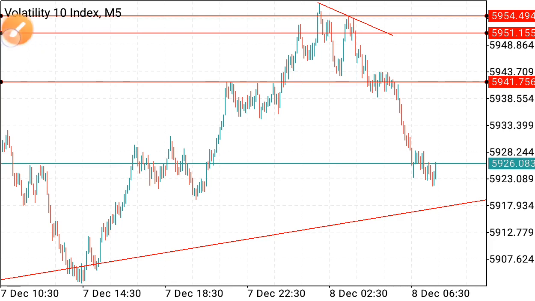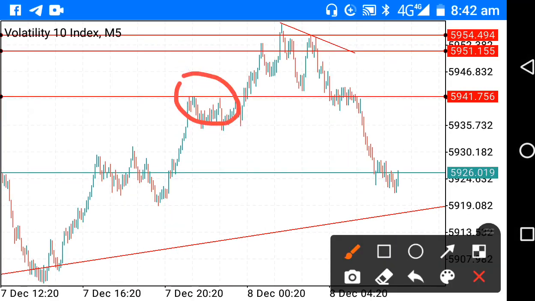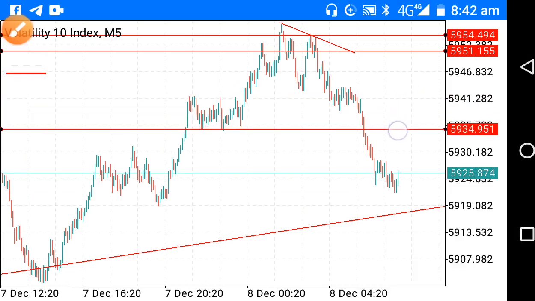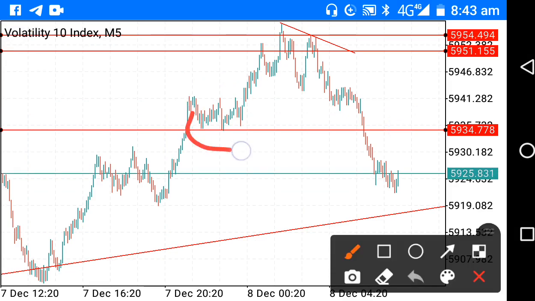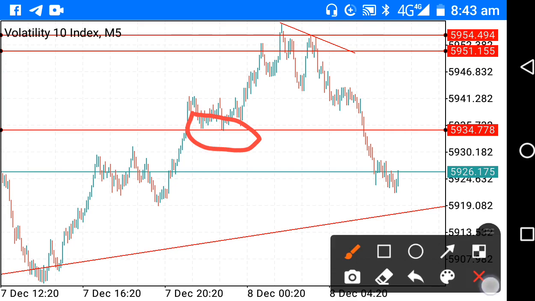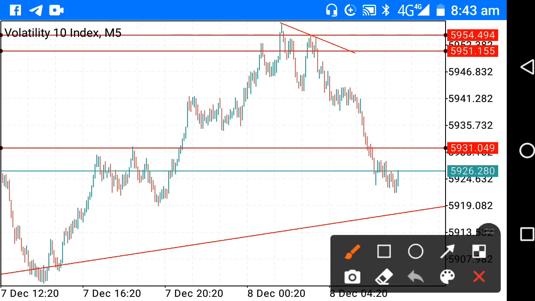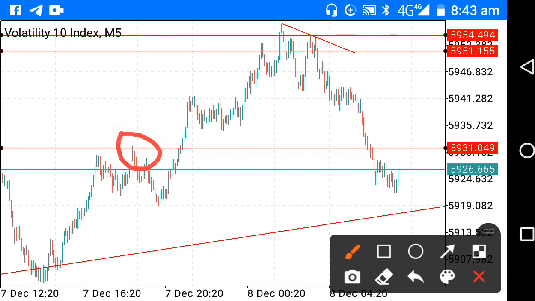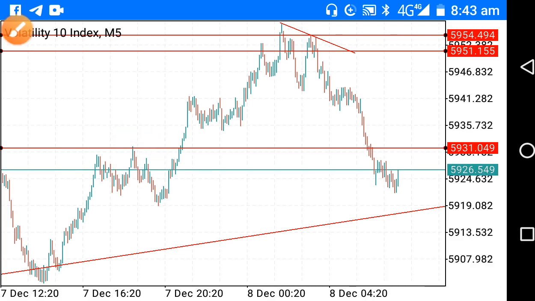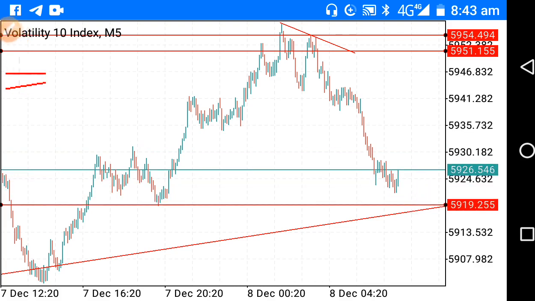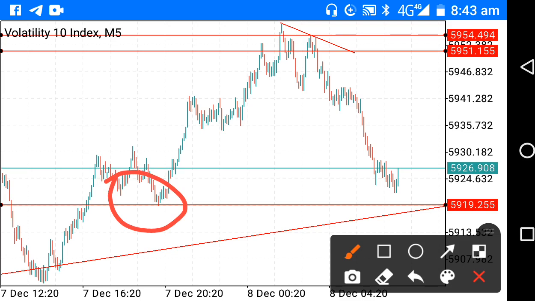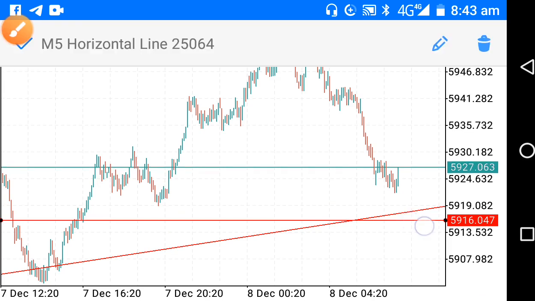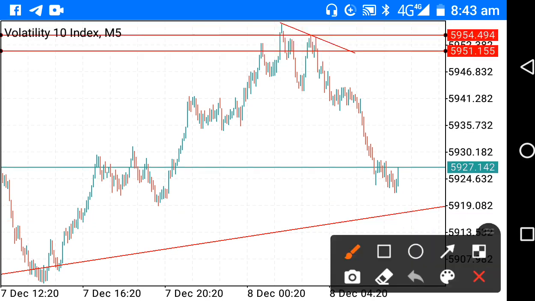this, because of this resistance here, or we can use this support here, this one below, because price reacted to it, or we can use this resistance here as our TP, or we use this support here as our TP, or we can also use the trend line, which is this, as our TP.